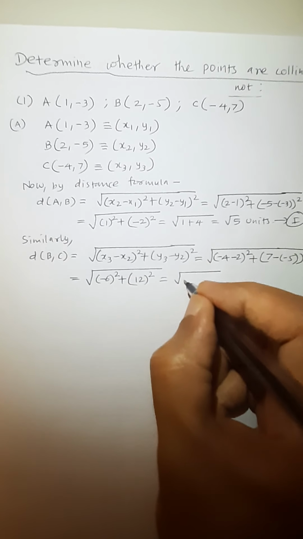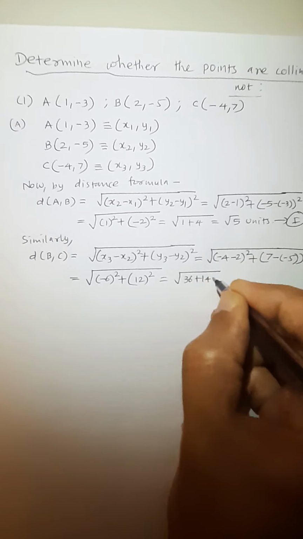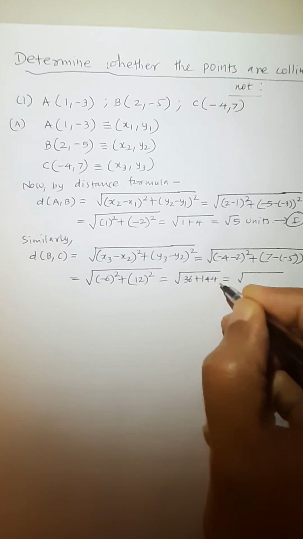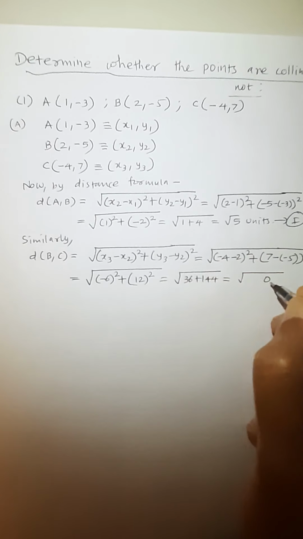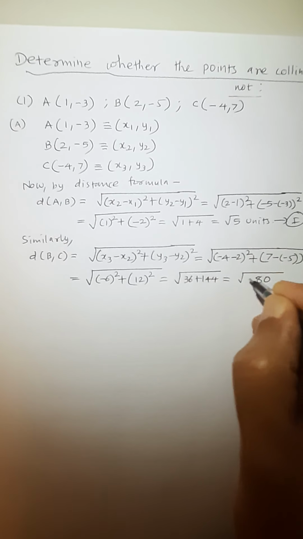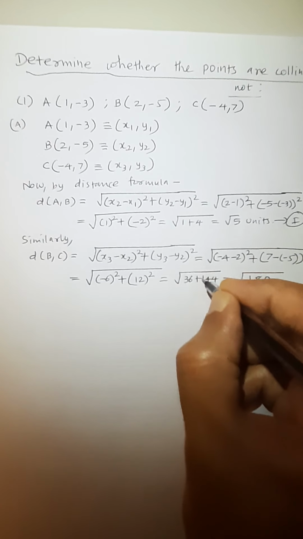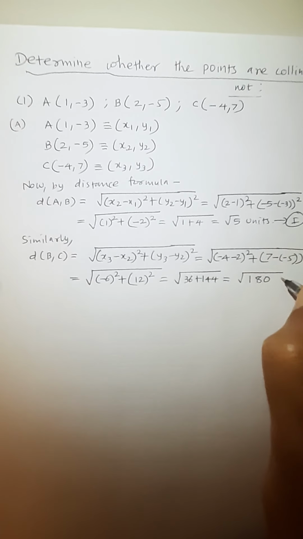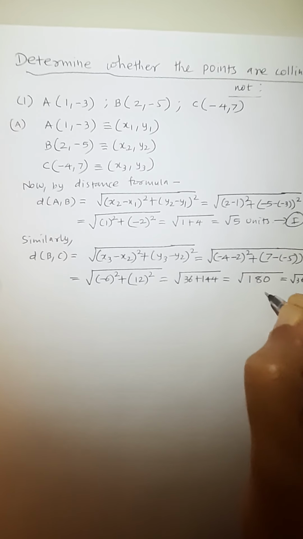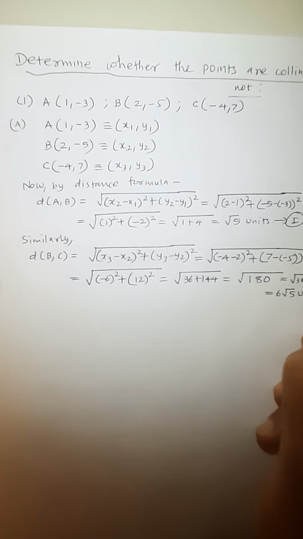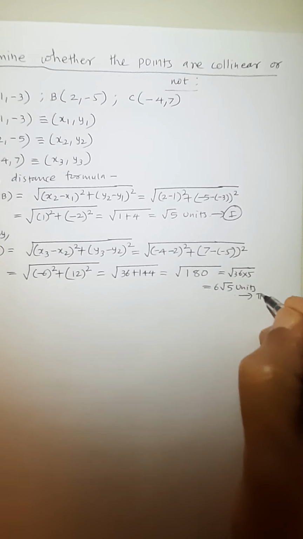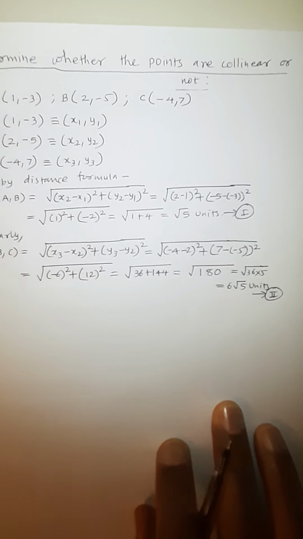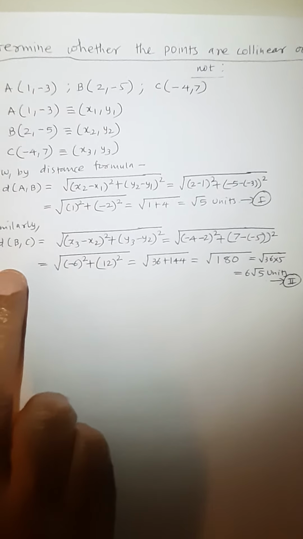So under square root we have 36 plus 144, which is 180. Square root of 180 we can split as 36 times 5, which means 6 root 5 units, which is result number 2.